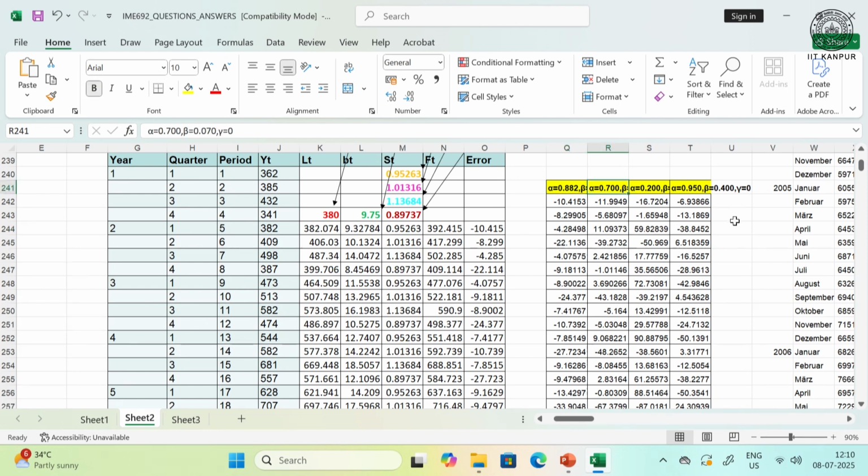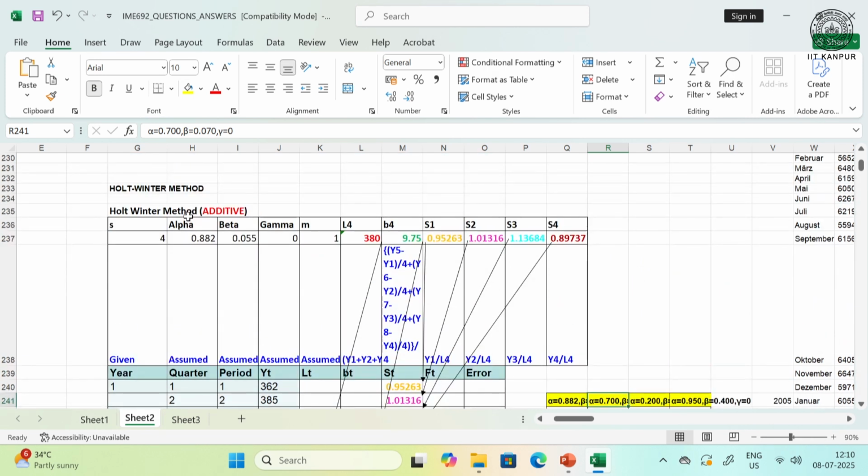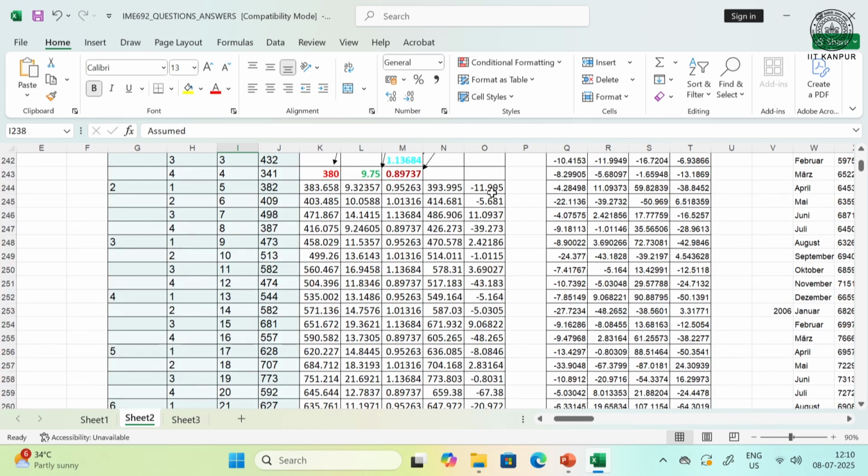So, based on that, again I can keep changing the values of alpha and beta. So, let us consider alpha as 0.7, beta as 0.07. See, if I have this, I have the errors which are there. So, the errors are here, this minus 11.995 is here also.